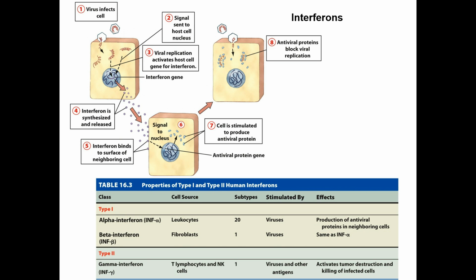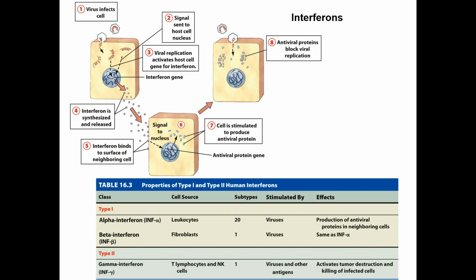So interferons. You have a virally infected cell. This virally infected cell is going to detect foreign viral nucleic acids through toll-like receptors in the nucleus and nuclear membrane. And you have interferon genes within the host cell DNA that are actually triggered.